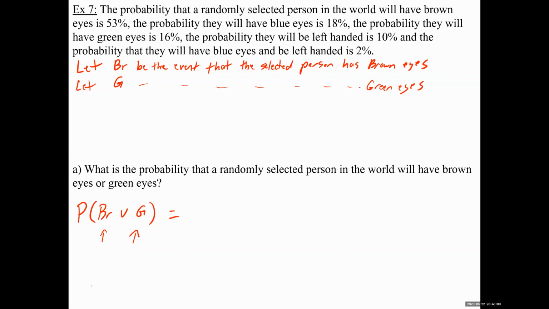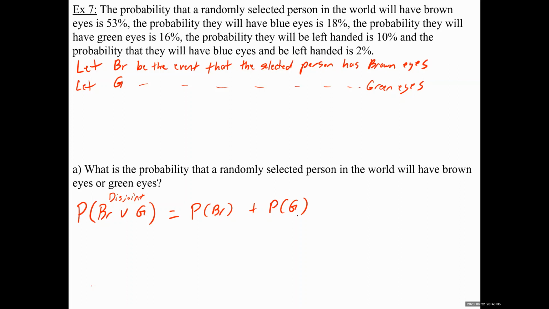I know that's a little weird, but just pretend that no one in the world can have brown eyes and also green eyes. So if no one is in both lists, then these lists are disjoint. Because they're disjoint, use the short OR formula or the long OR formula? Short. It's probably the first plus probably the second.